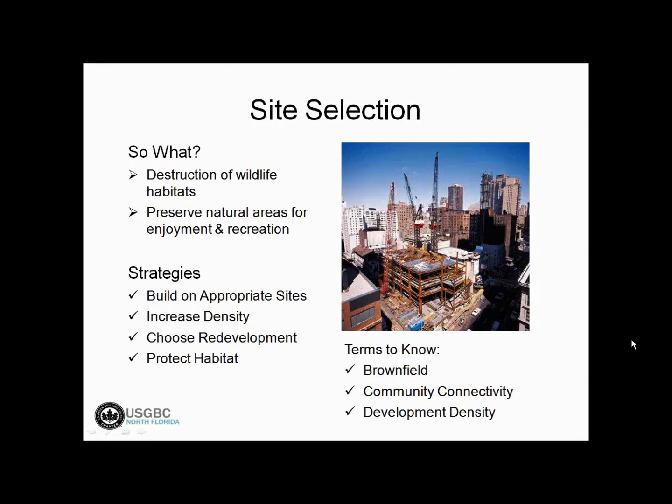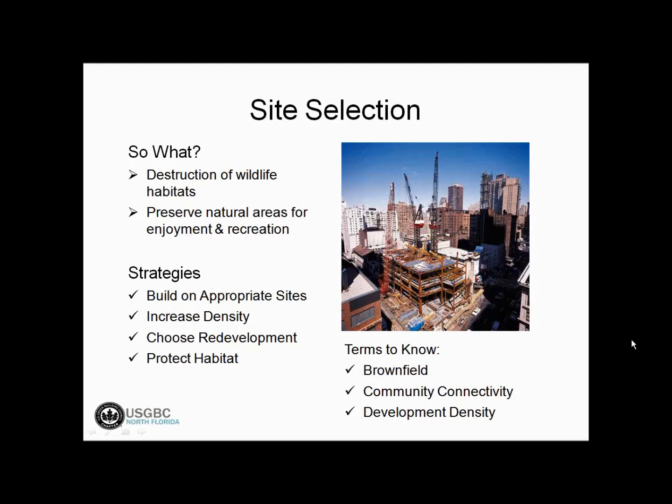There's a couple different areas we talk about when we're talking about the sites. First is the site selection. So, where the building is. Admittedly, most of the time, by the time I get involved in a project, the site has already been selected. But every once in a while, there are owners that have choices between a couple sites and can ask your opinion about what sustainable things they should look at.